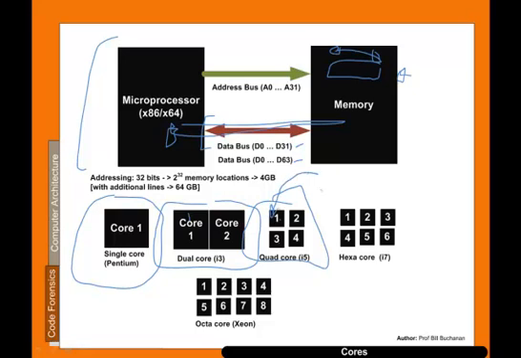If they allow us to run in parallel, we could be running one program here, another one over here, some bits of code on this one, and another system program running on this one. So obviously the more cores we have, it's likely the faster the machine will work. We can have a hexa core with 6 cores on it, and then we can have an octa core such as the Xeon with 8 CPUs.